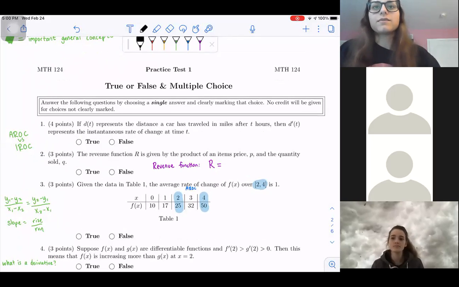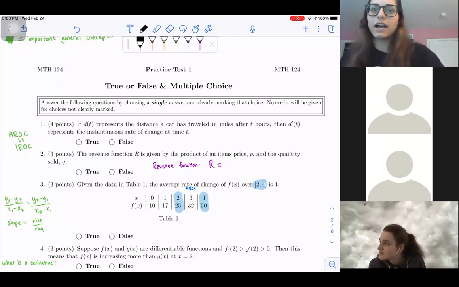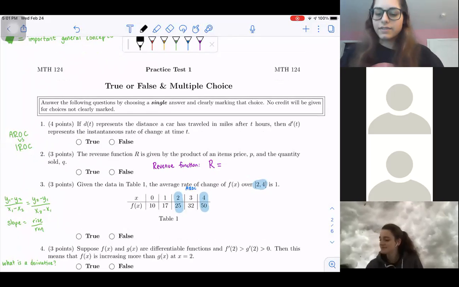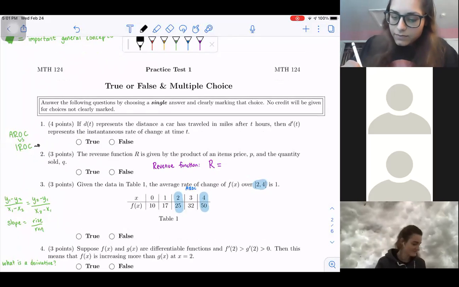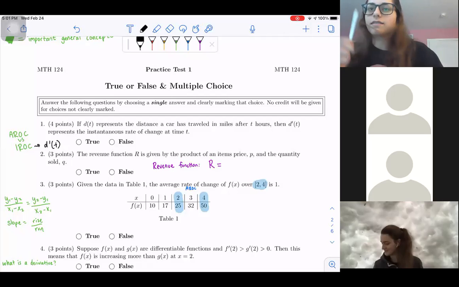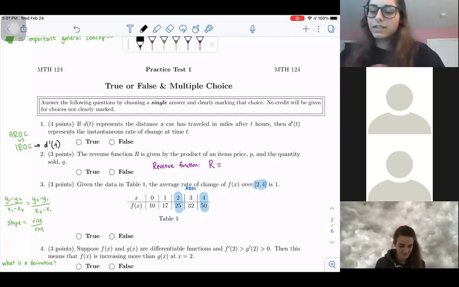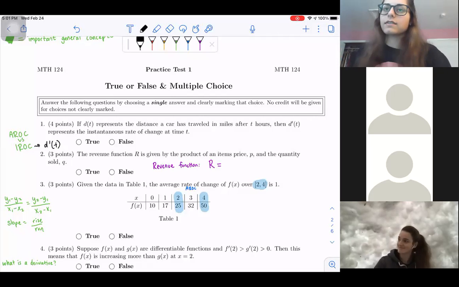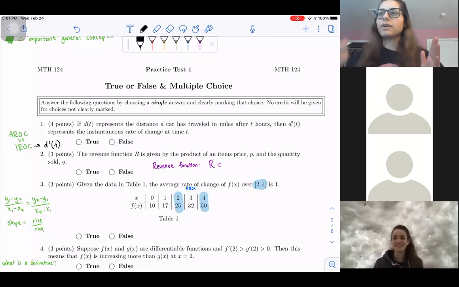Okay, so here we just want to remember the difference between average rate of change and instantaneous rate of change, AROC versus IROC. So IROC is a derivative, right? That will be our d prime t. Instantaneous rate of change gives us the slope at a specific point, which is our derivative. An average rate of change will give us the slope between 2 points.